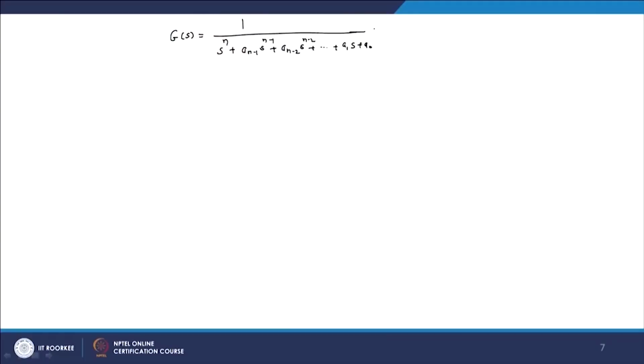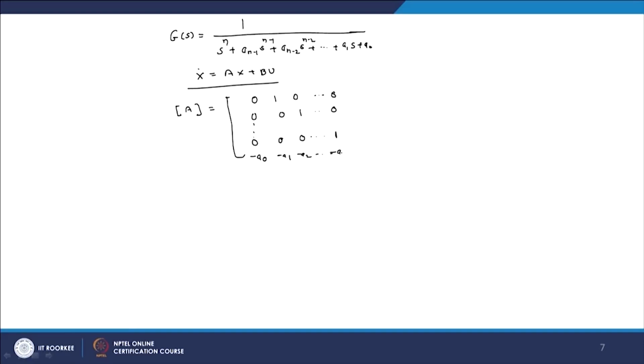Therefore, the state space model of the system is x dot equals Ax plus Bu, and here we will take this A matrix in companion form, that is 0 1 0 0, then 0 0 1 0, and this process repeated, and the last row we write minus a naught, minus a1, minus a2, up to minus a n minus 1.